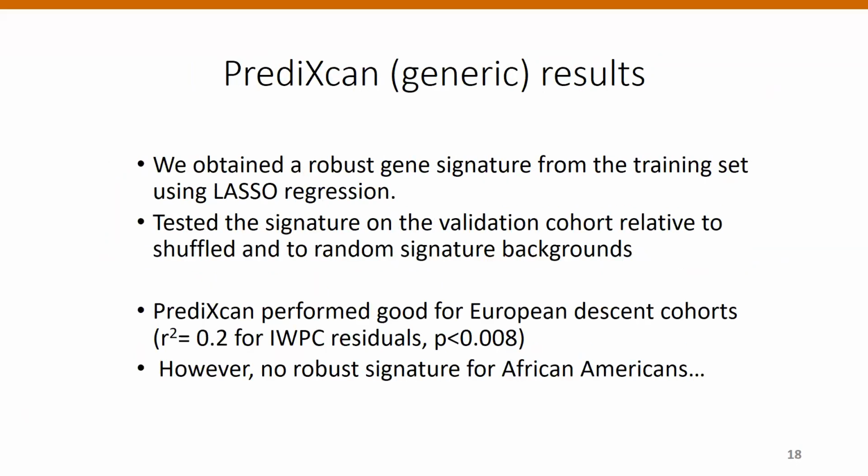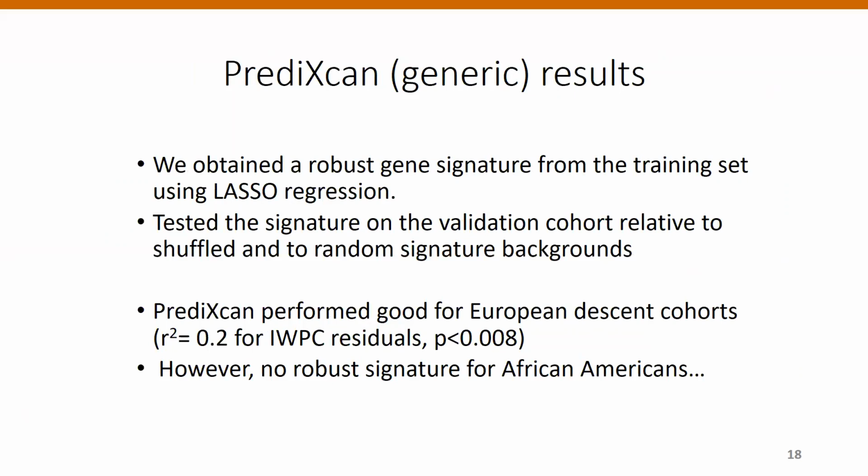So we obtained a robust gene signature from the training set using lasso regression. We imputed the base level of the gene expression and used lasso regression to regress against the dosage, or rather we regressed against the IWPC residuals, because we wanted to show whether we can improve upon the IWPC.